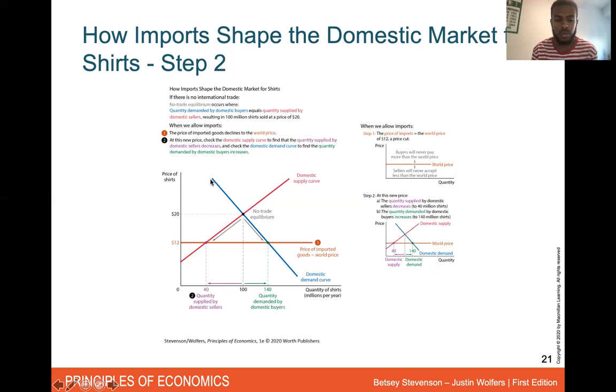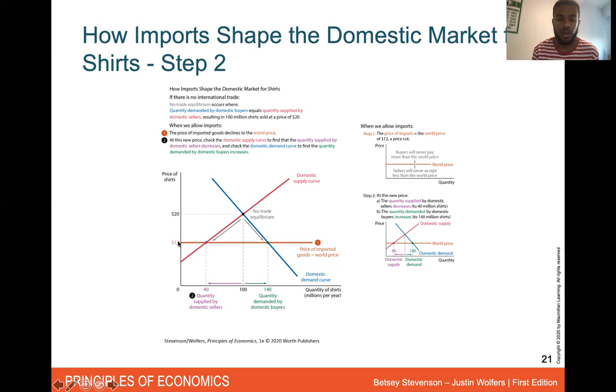And the blue line is the domestic demand curve. With this new world price now at $12, the new quantity supplied by the domestic suppliers is going to be where the domestic supply curve meets the international world price. So now at $12, domestic suppliers are only going to be producing 40 million instead of the 100 million they were originally producing at the equilibrium when there was no trade and no imports.